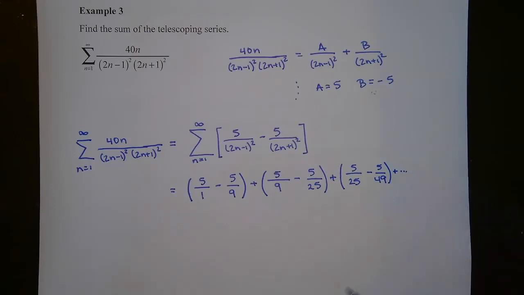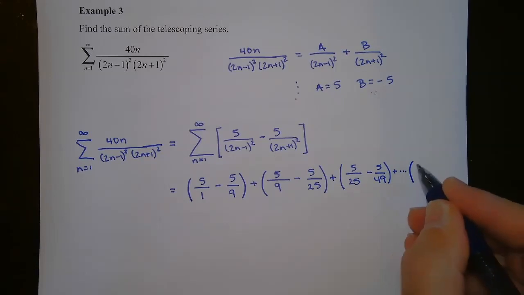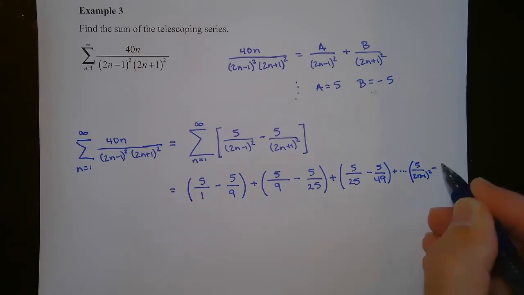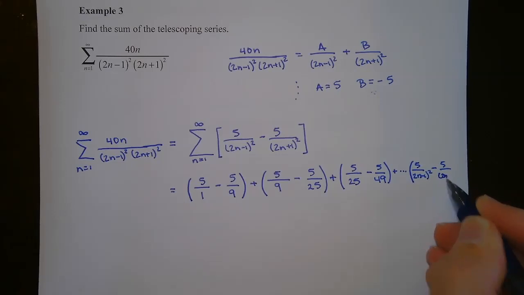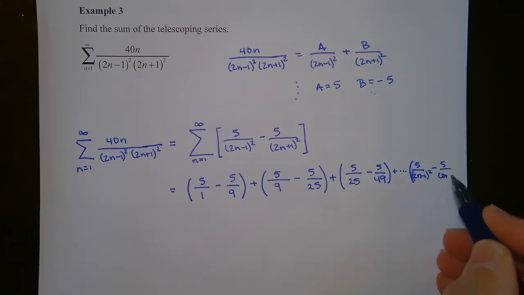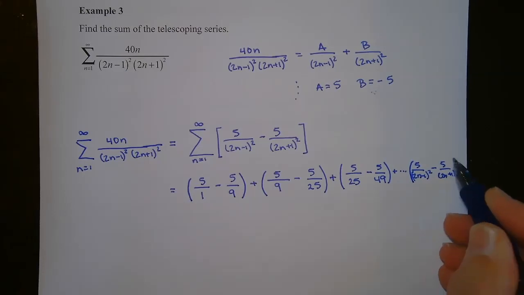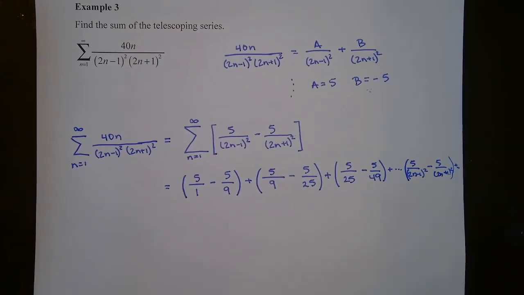So the nth one would be 5 over (2n minus 1) squared minus 5 over (2n plus 1) squared, close parenthesis, and then plus dot, dot, dot. I'm losing room right there, sorry guys.